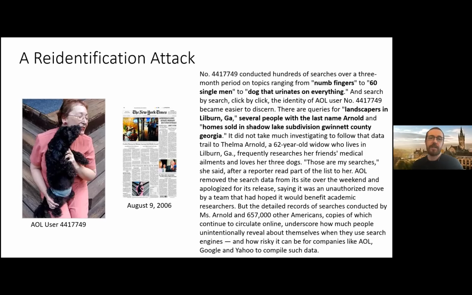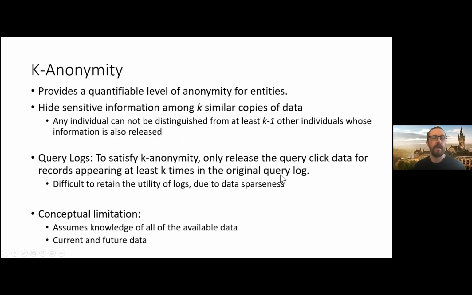So that's the question: how can we go about protecting the identification of people who are in these query logs, meaning that they are not identifiable by the patterns of what they do?